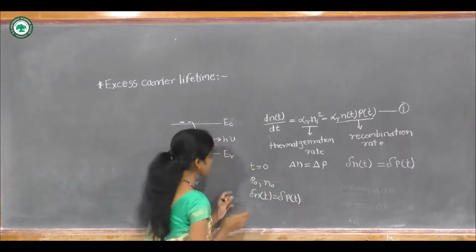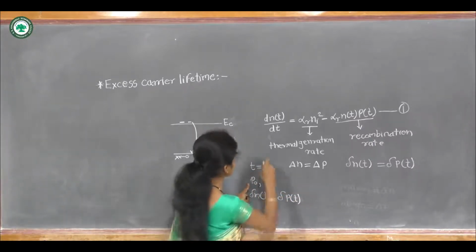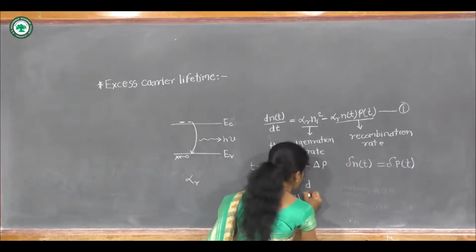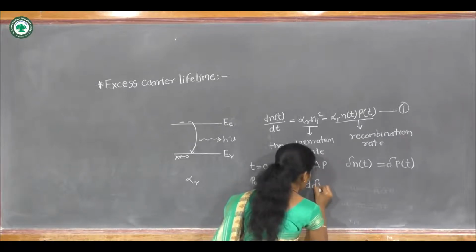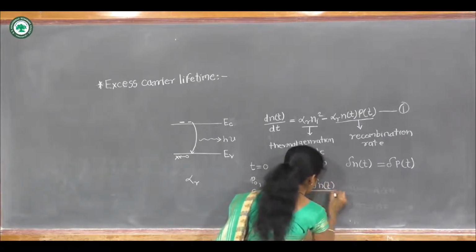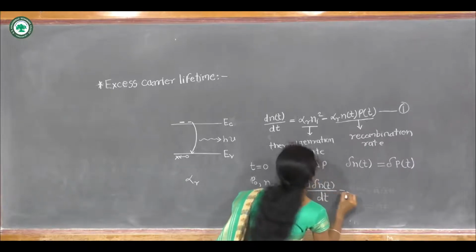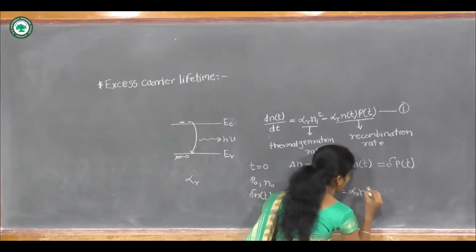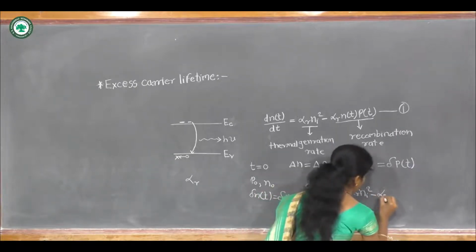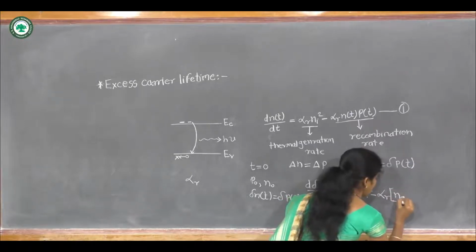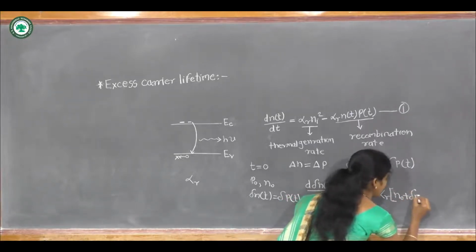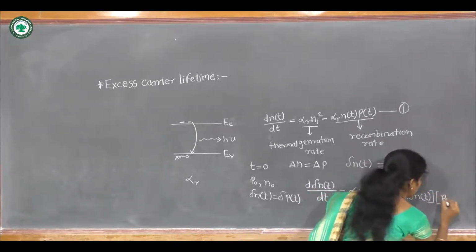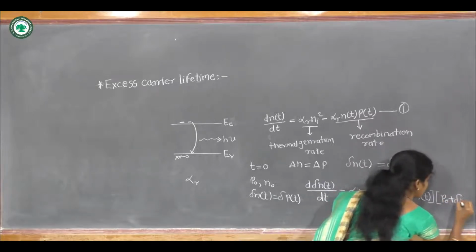In terms of this excess carrier concentration, one may write equation number 1 as d/dt of delta n(t), which is equal to alpha r ni square minus alpha r into the bracket (n0 plus delta n(t)) into (p0 plus delta p(t)).